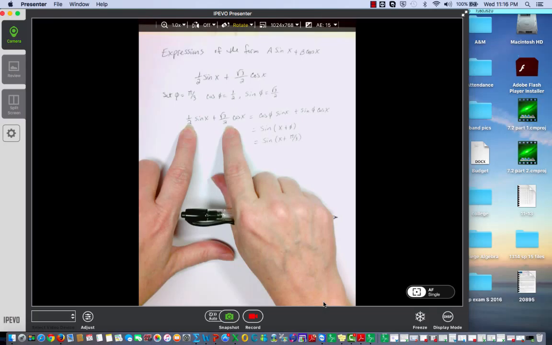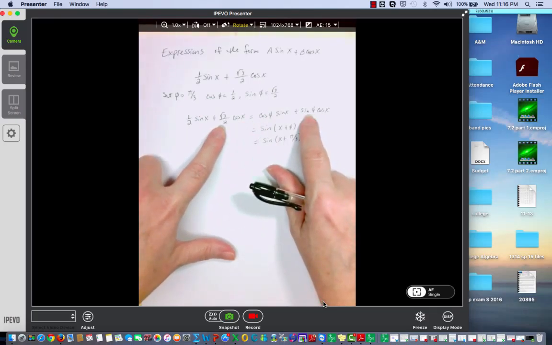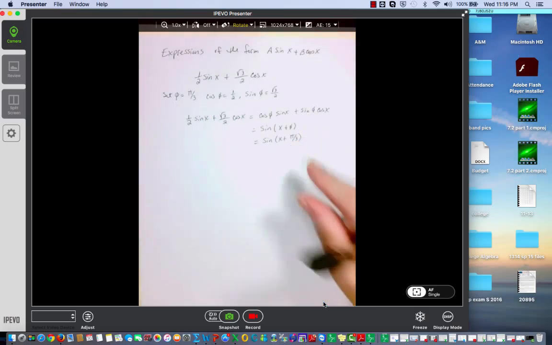So the cosine equals 1/2, and the sine equals the square root of 3 over 2, and that goes with our pi over 3. It wouldn't work if we picked a different value because we need it to be the ones that have the same values there. Okay?